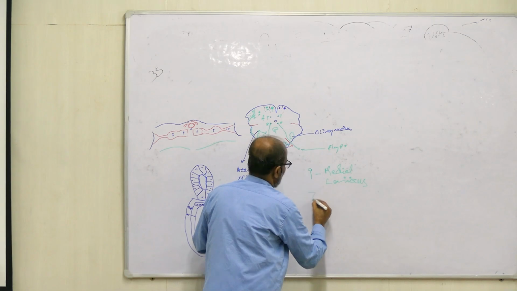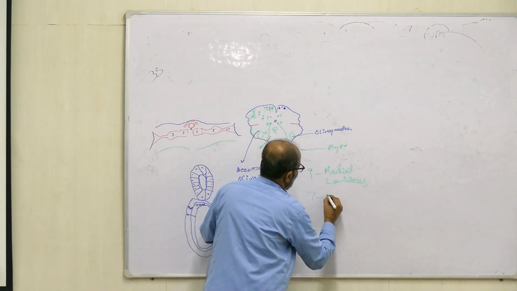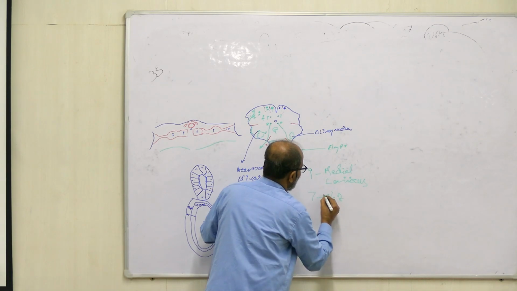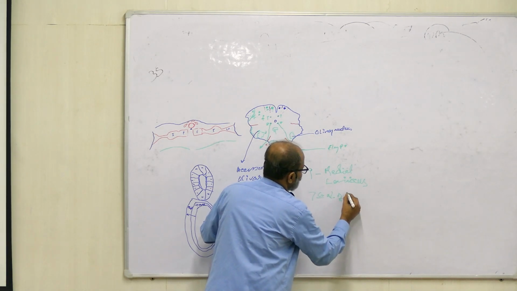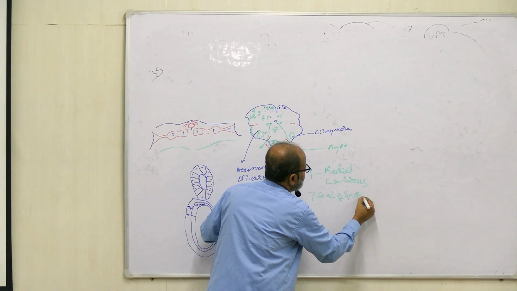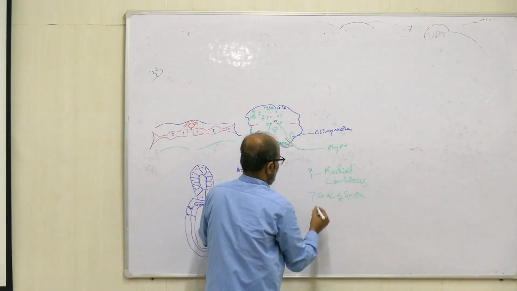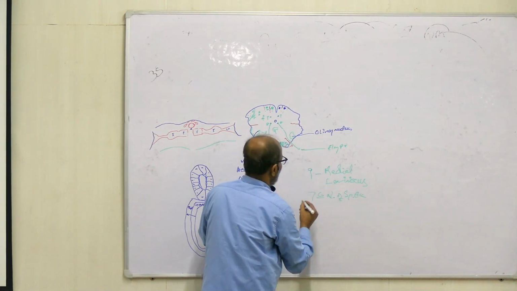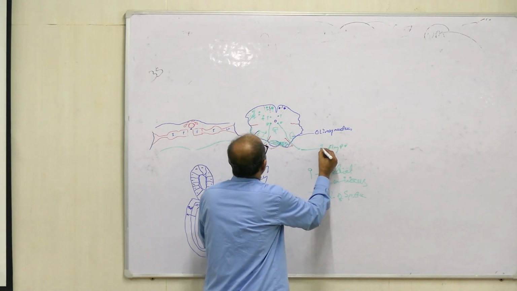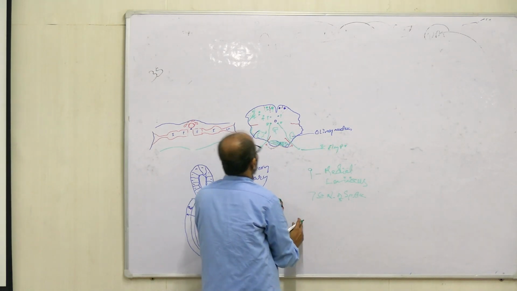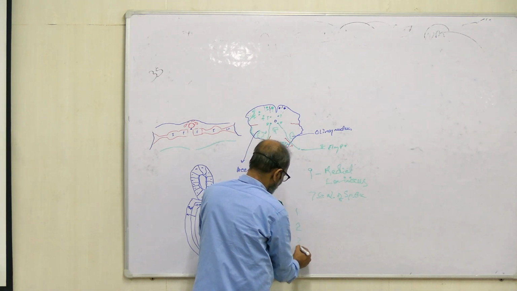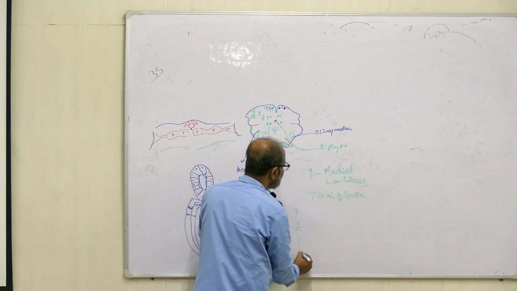Number 7 is the cranial nucleus of spinal accessory. This is 7 and 8 is the hypoglossal nucleus. Now comes 1, 2, 3, 4 and 5.